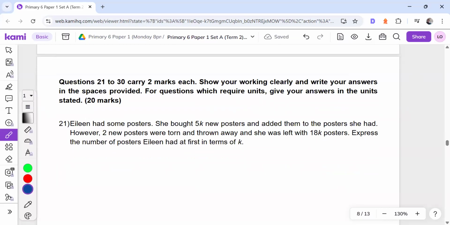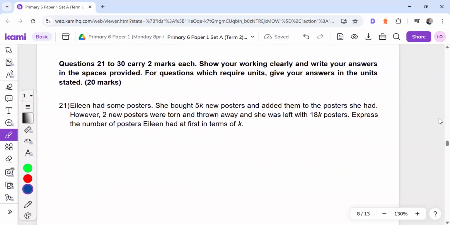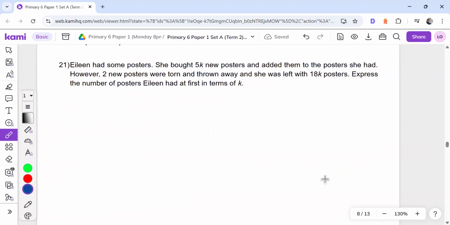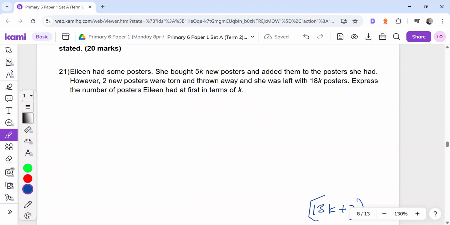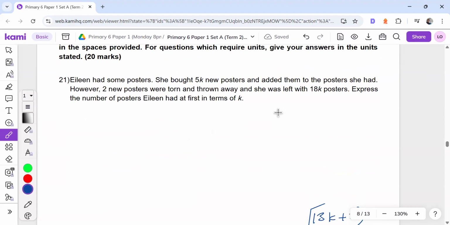Question 21. What's the answer? The answer is 13K plus 2. Anyone got the answer correct? Not many. There's a working backwards here. Eileen got some posters. This is what you learned in primary 3. It's the same thing.